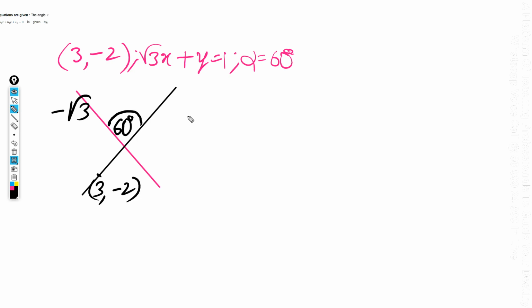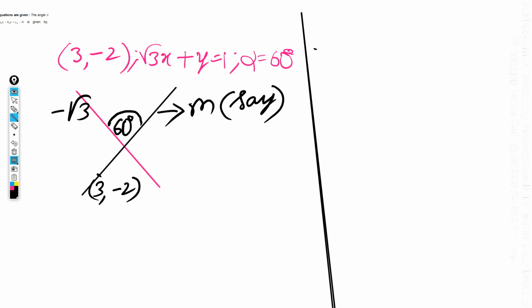Now you have to find out the equation of this line. Its slope we don't know. Let it be m, we are assuming it. That means finally, you have to find out the value of m first, that is, the slope of the line.